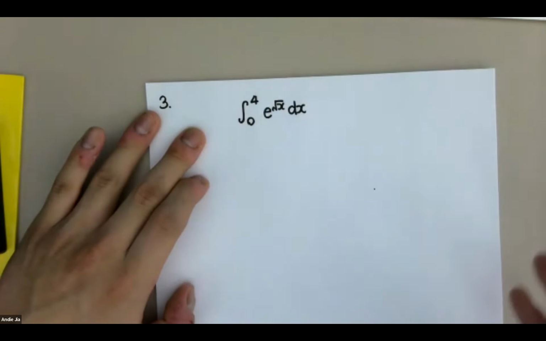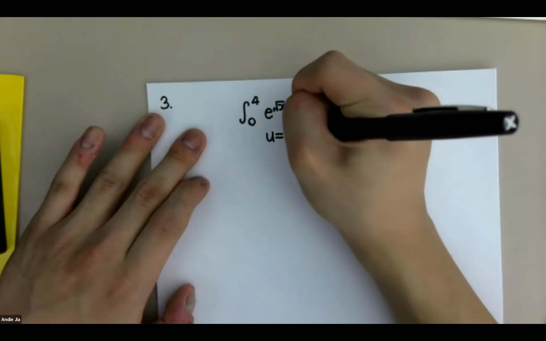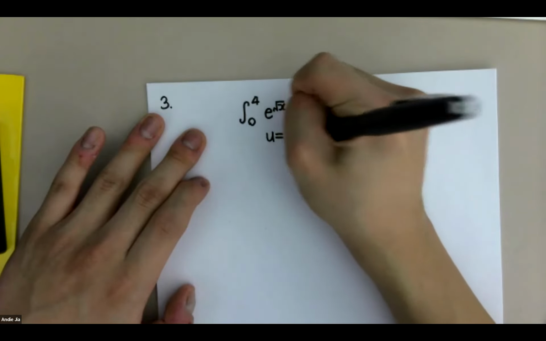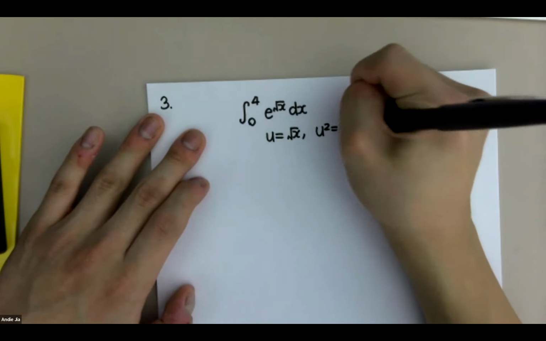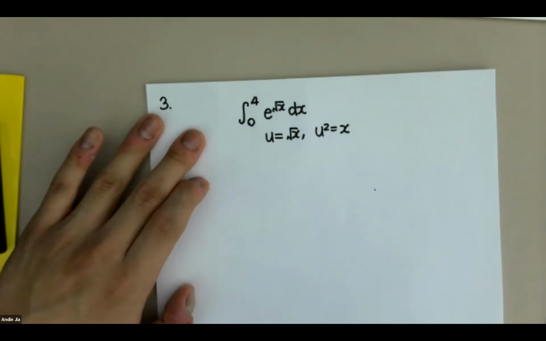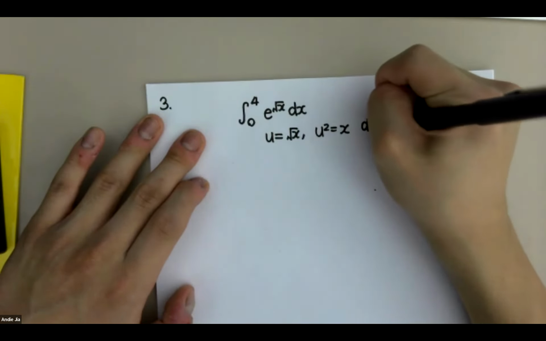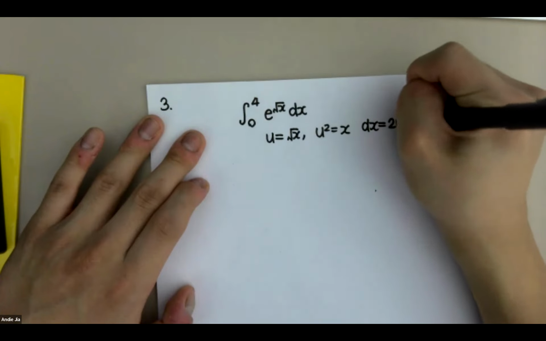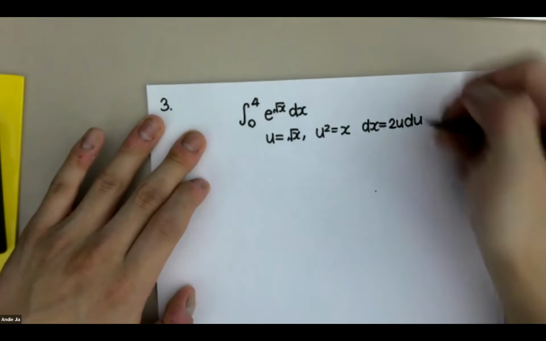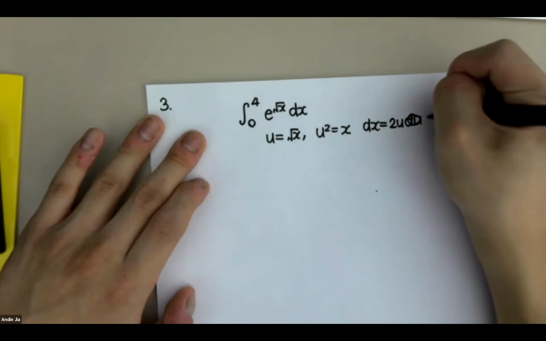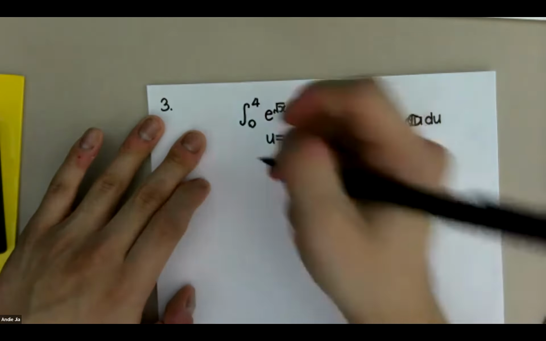So first we make a u substitution here. We let u equal the square root of x. Then u squared is x, then dx is 2u du.